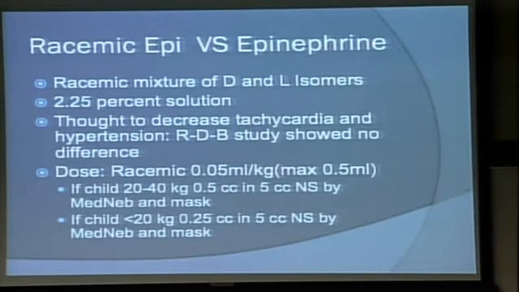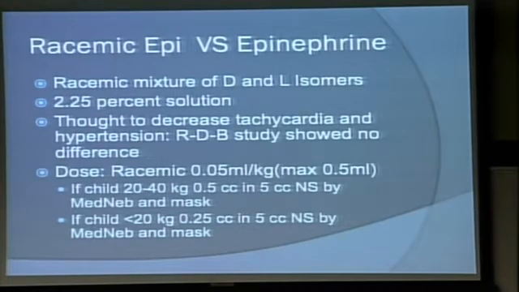Epinephrine comes as two isomeric forms. An isomer is like a copycat, only one is turned to the right and one is turned to the left, the molecule. So it's the D, dextro, or the L, levo forms, right and left forms, and the racemic is a mixture of both forms.